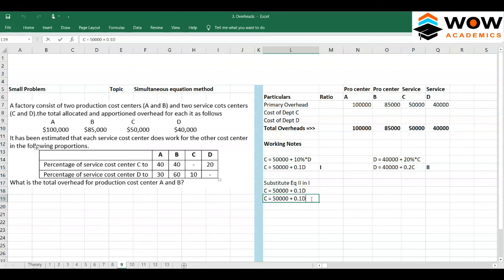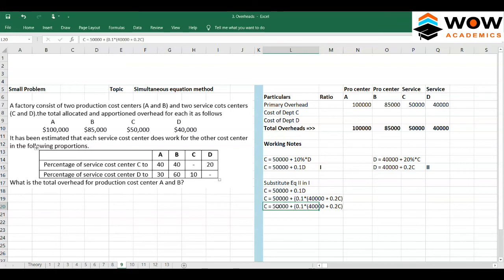D can also be represented like this. Now we can solve it.